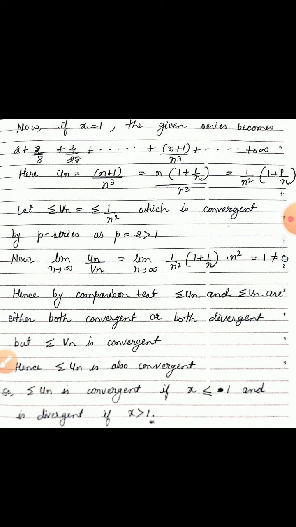Hence, by the comparison test, summation u_n and summation v_n are either both convergent or both divergent. But we have shown earlier that summation v_n is convergent, hence summation u_n is also convergent. So finally we get that summation u_n is convergent if x is less than or equal to 1 and is divergent if x is greater than 1.